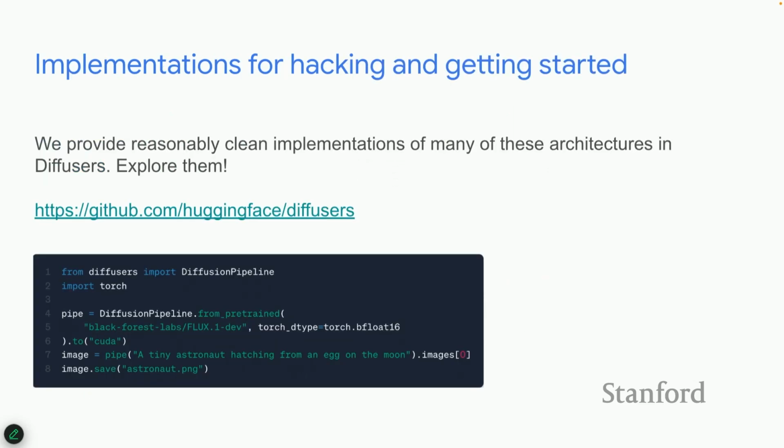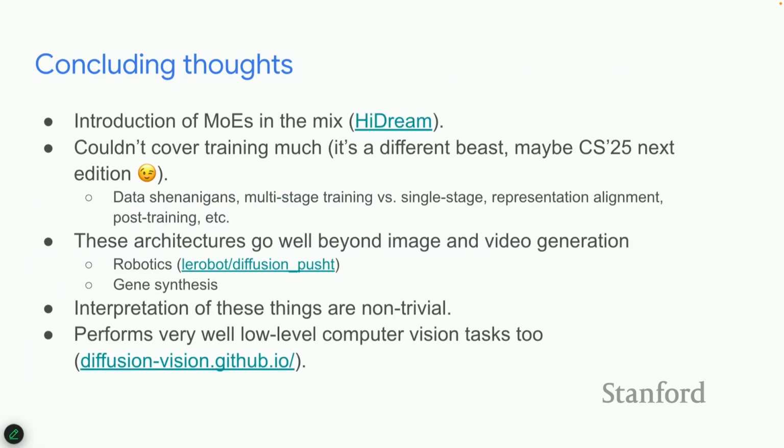And I hope you are feeling inspired to explore these architectures. I highly welcome you to check out the library that I work on at Hugging Face. It's called Diffusers. We have got reasonably clean implementations of all the models that I discussed today, which should probably inspire you to hack into these things and tweak them.